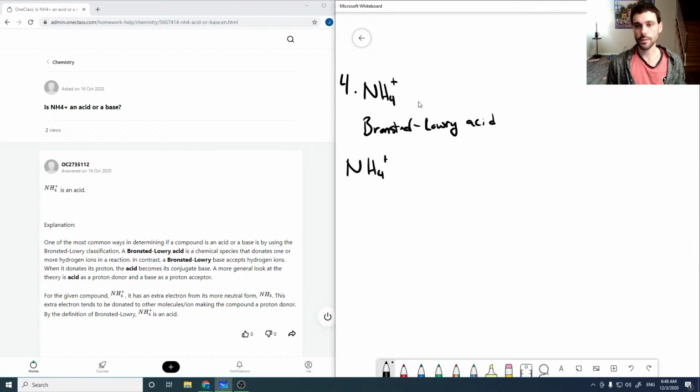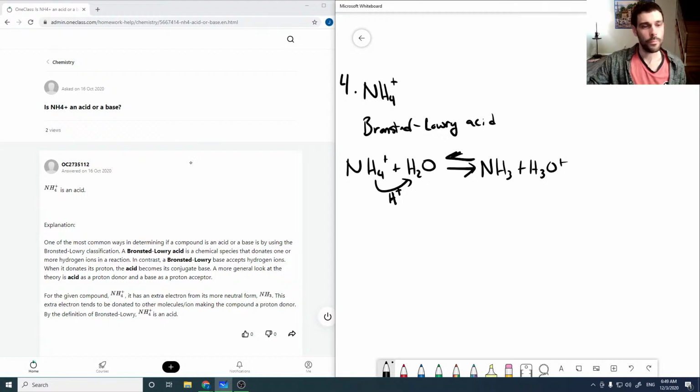So NH4 plus H2O can readily give us, or not necessarily completely, it will be in equilibrium. But it can donate a proton to give us H3O plus, and therefore is acidic.